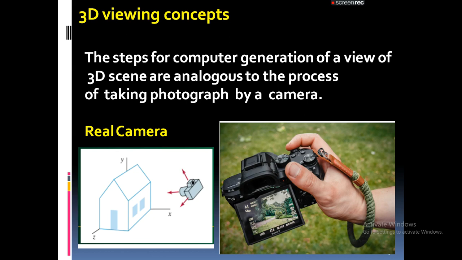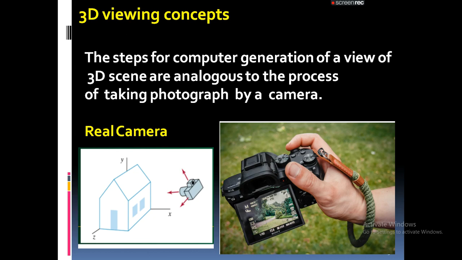In computer graphics, we display a three-dimensional object on the two-dimensional screen of the monitor. It is the same as with a real camera, where we display a three-dimensional object in space on a two-dimensional photograph.